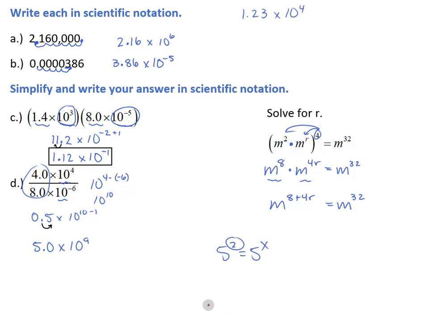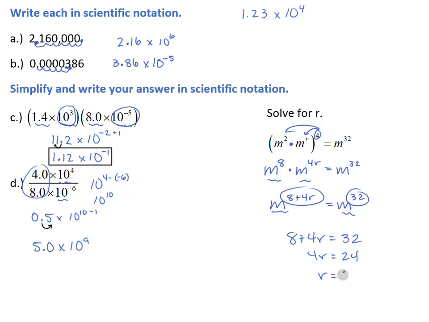And so we can utilize that same idea back up here. M to the something equals m to the 32. Once I've got it as m to the something equals m to the something, these somethings have to be equal. And we can utilize that idea to finish solving for r. So subtract 8 from both sides, divide by 4, and we end up getting r is 6.